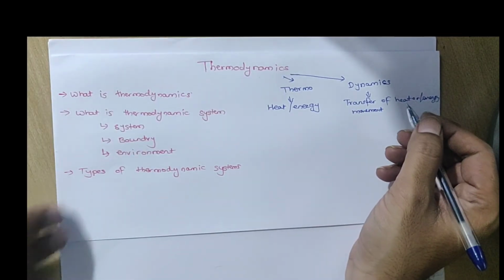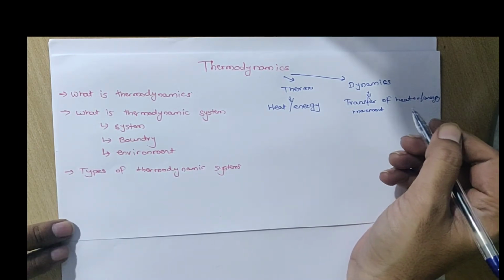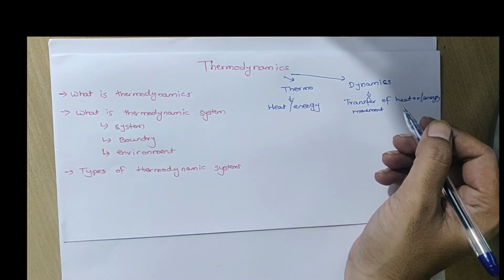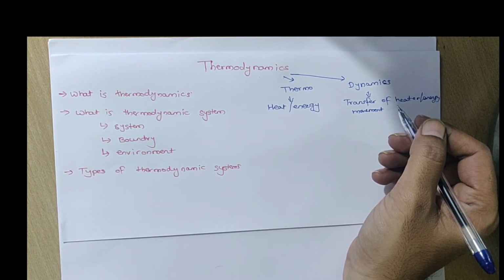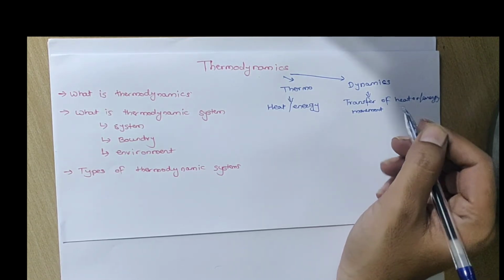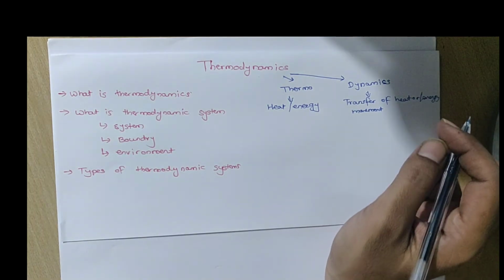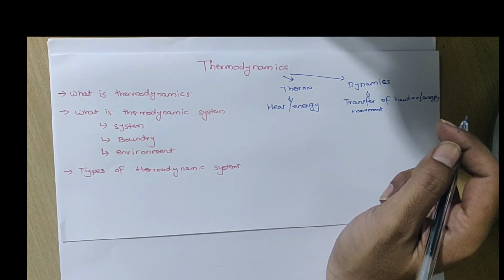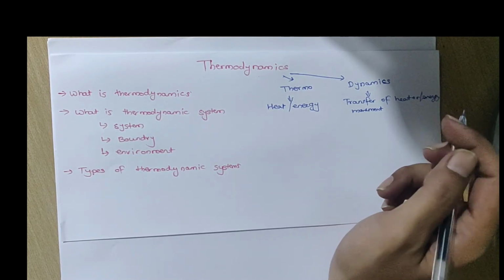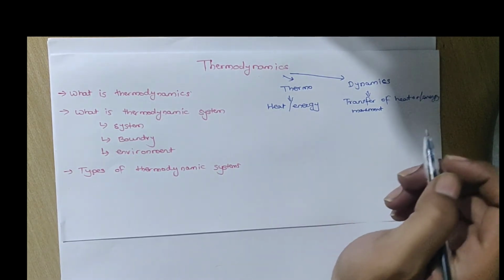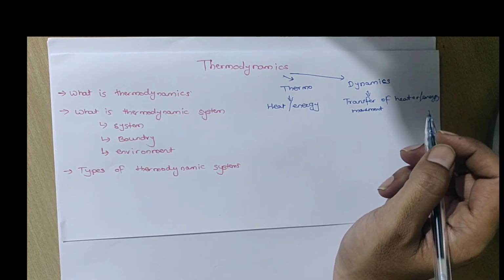So basically the definition of thermodynamics is, it is a science of understanding or studying the relationship between heat, work, temperature and energy. In broad terms, thermodynamics deals with the transfer of energy from one place to another and from one form of energy into other. So that was the definition of thermodynamics.